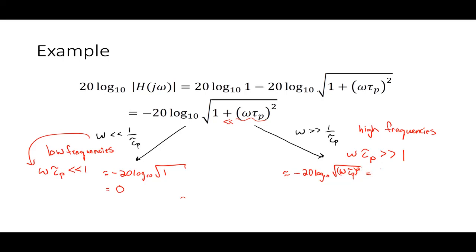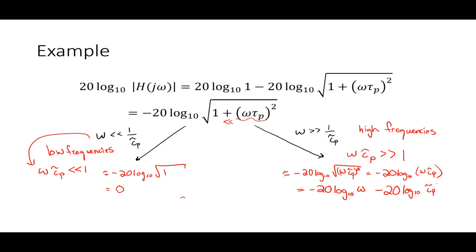The square root of the square becomes minus 20 log 10 of omega tau p, which, because I have a product, I can write as minus 20 log 10 of omega minus 20 log 10 of tau p.